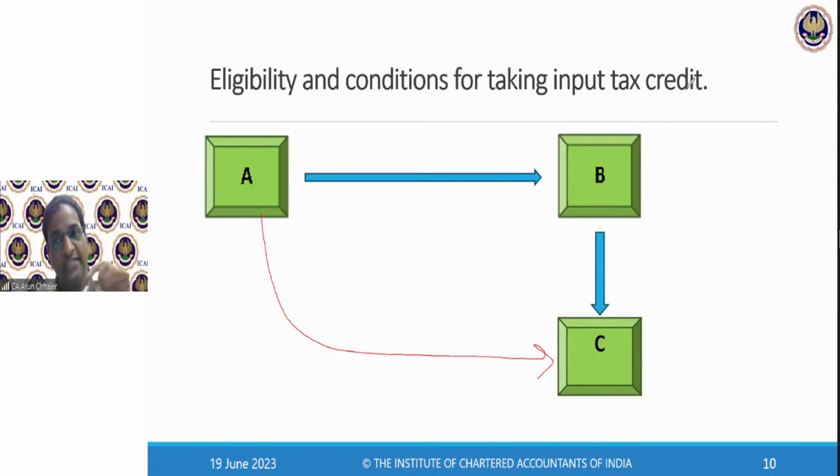Okay. So please tell me, will A raise the tax invoice to C or will A raise it to B? How would the invoicing be? How many tax invoices would there be in case of the bill to ship to model?